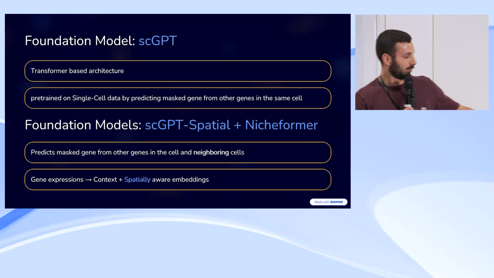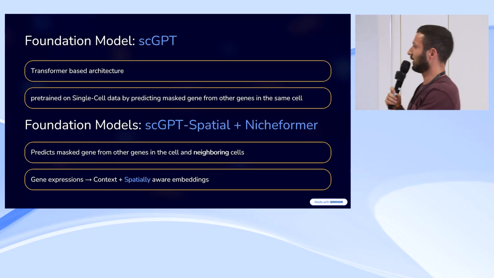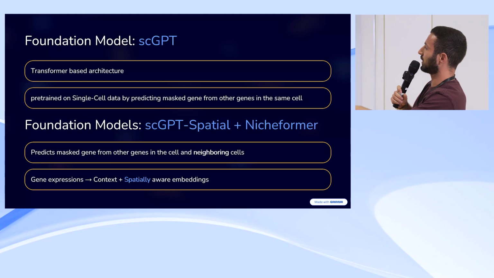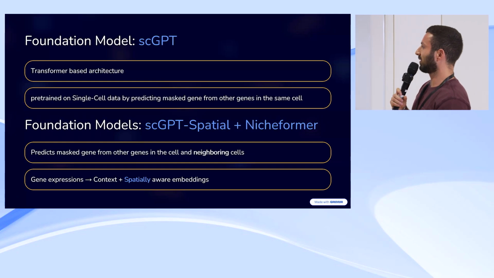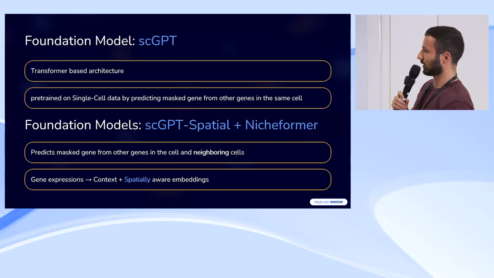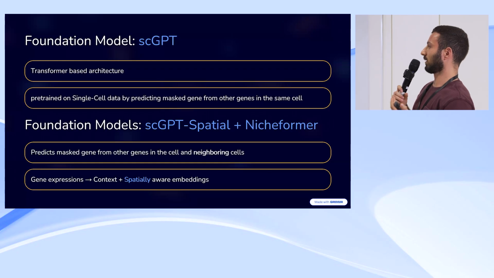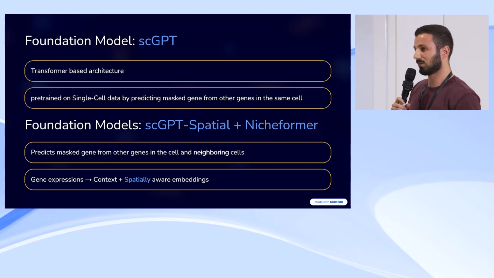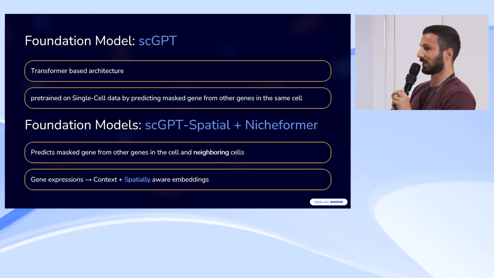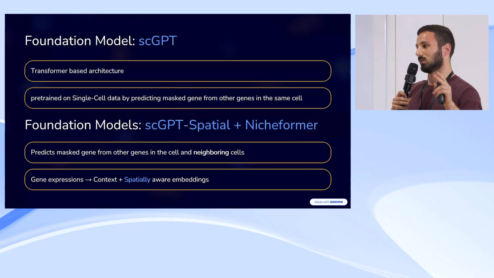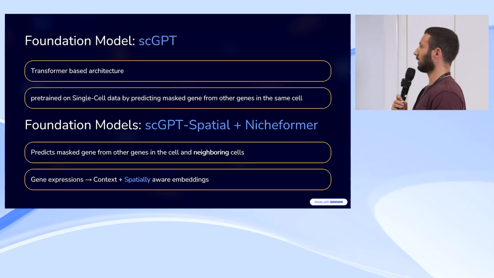And in these two extra models, we use spatial context as well. So we don't only predict genes from each cell, we consider the neighboring cells of each cell, and this way the model gives actual spatially aware embeddings, and the model can connect not only the genes inside the cells, but the neighboring cells inside the tissue. So these are the foundation models.